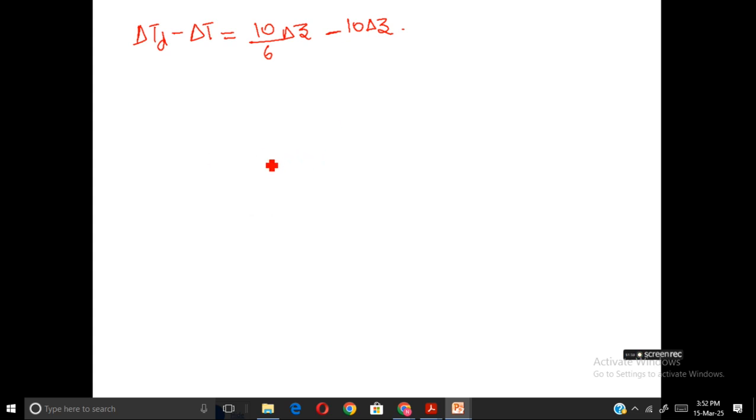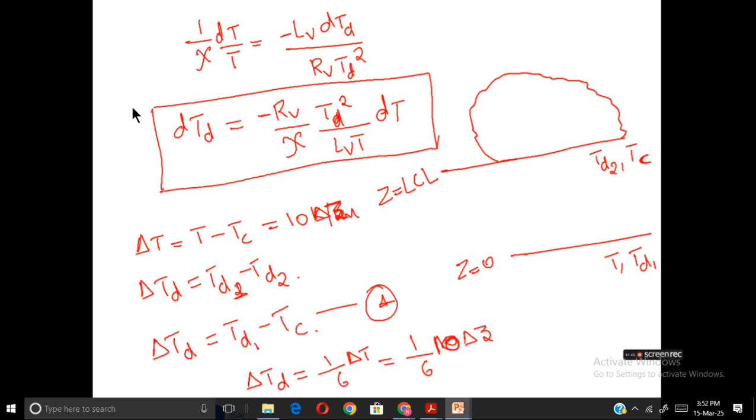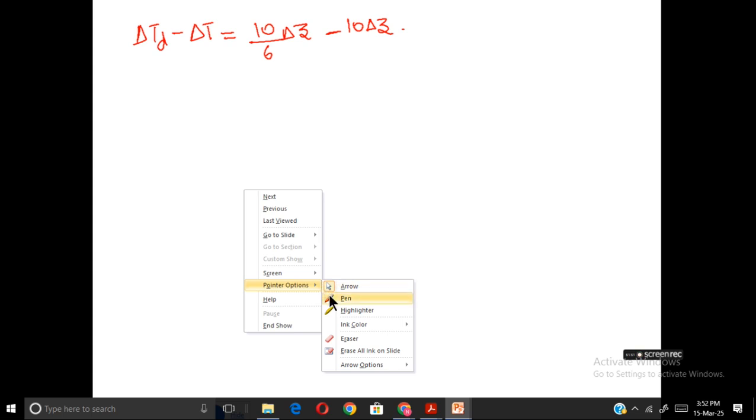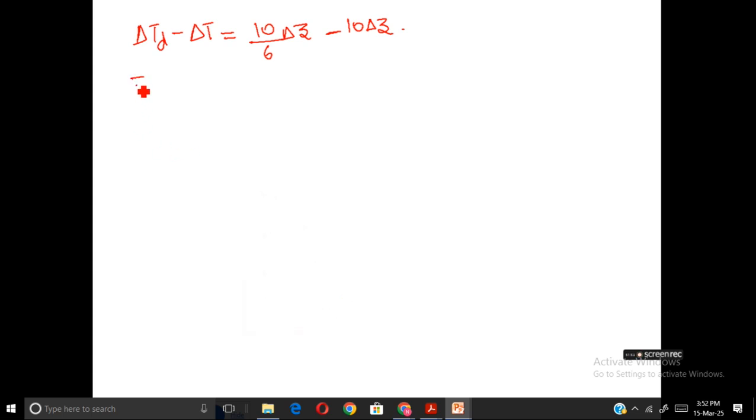Instead of delta Td, we can write Td1 minus Tc, and delta T is basically T minus Tc. So 10 by 6 delta Z minus 10 delta Z becomes minus 50 delta Z by 6.